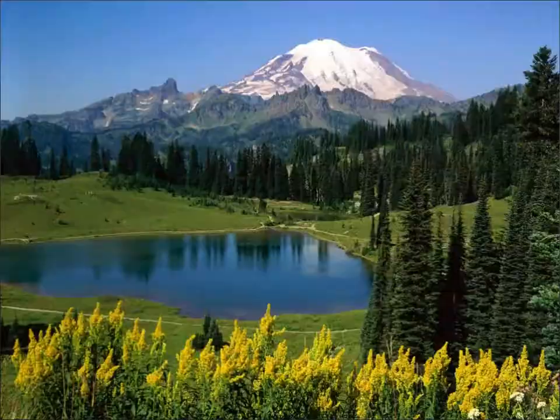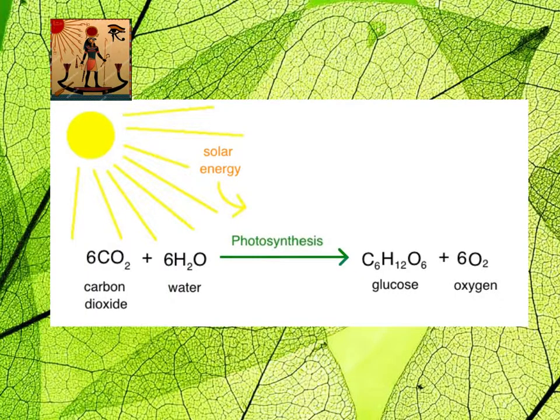Here we go. The solar energy, through photosynthesis, will unite carbon dioxide and water in order to produce glucose and oxygen. Glucose is the cornerstone of energy molecules in our entire life on earth.